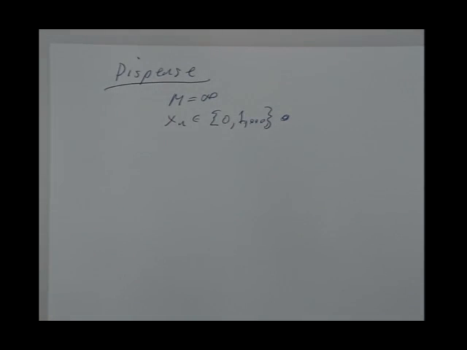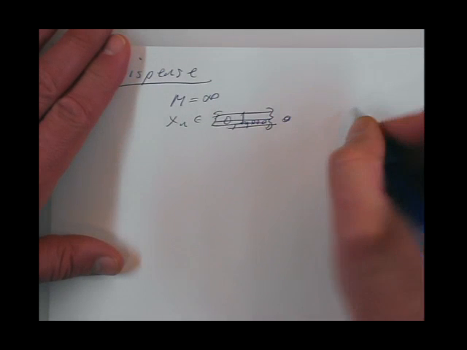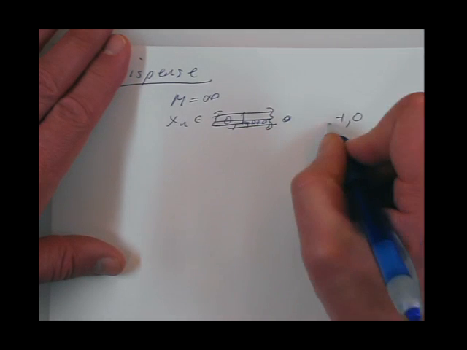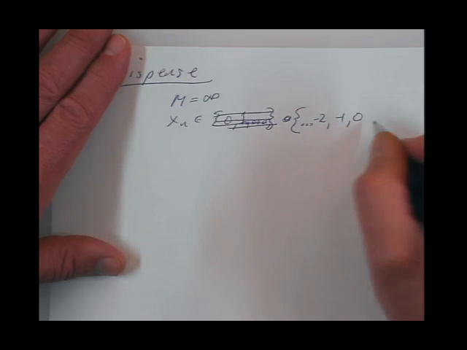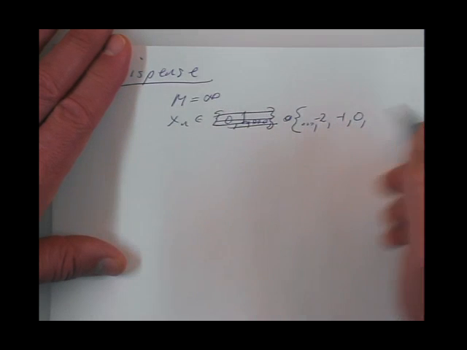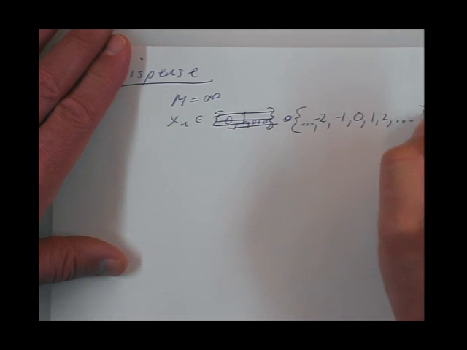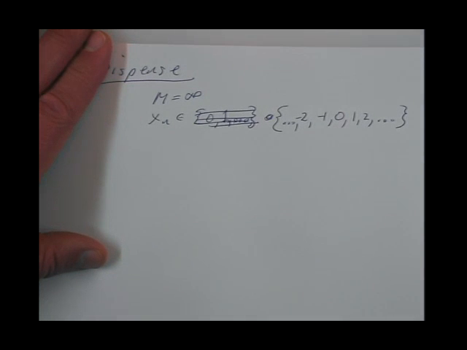Oh, no, hold on. I'm sorry. And we want to be able to move it down. So it's 0, minus 1, minus 2, and this is 1, 2, like that. Okay? So it's all the integers.